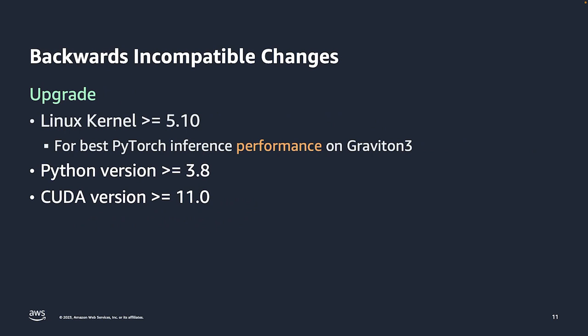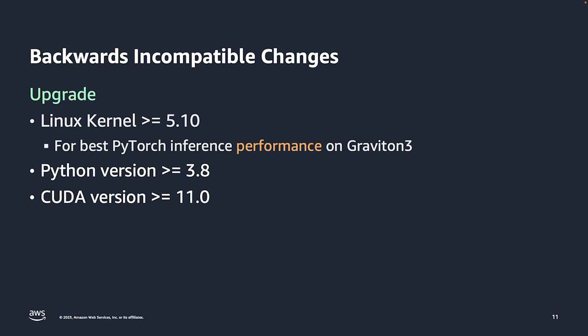Like I mentioned earlier, later versions are going to work better on Graviton 3. The ARM ecosystem is maturing, but it has not been around as long as x86. So the latest versions will typically have more ARM optimized features, and you'll be able to get more bang for your buck on Graviton 3 since you will have higher performance.